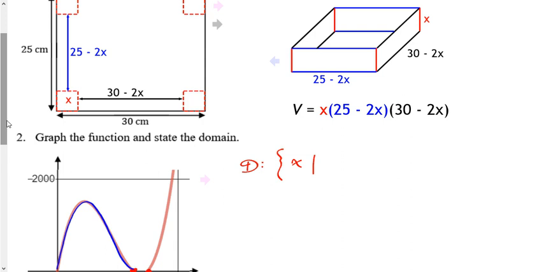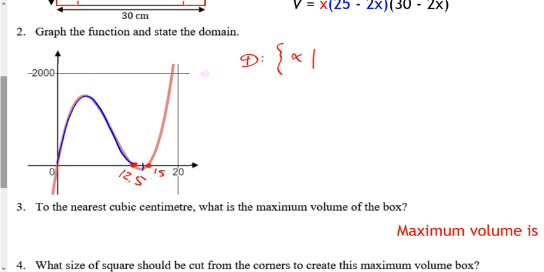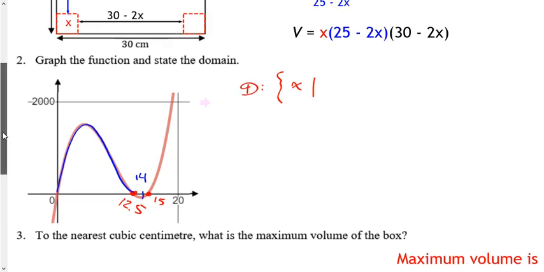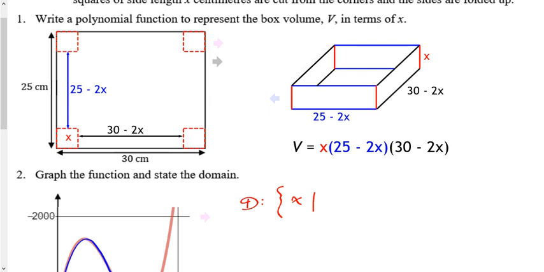So basically I've cut off more paper than I have. So that's going to be useless up there. And in fact, if I pick something in between here, like let's say 14, well, I know I don't want that because it's negative, but let's just pretend I did. Here, if I do 25 minus 2 times 14, that's 25 minus 28. Again, it's negative, it's useless, I've cut off more paper than I have.